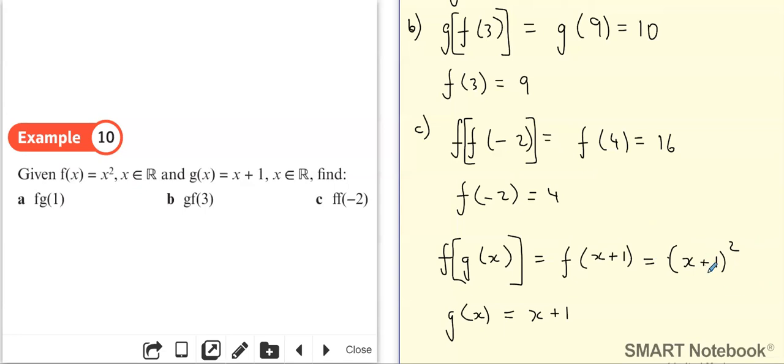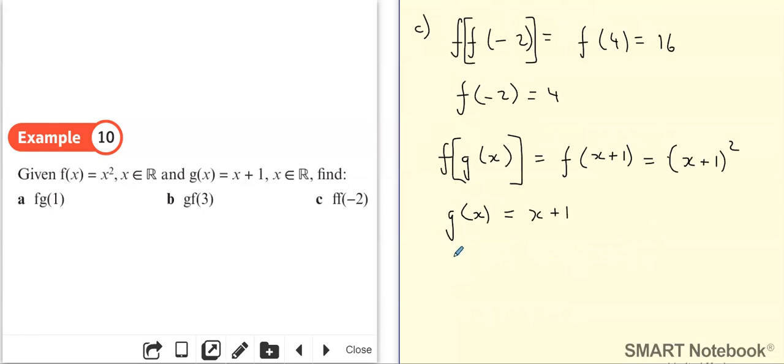And you can expand it and simplify it, or you can leave it like that. So in doing that, what we have worked out is that fg of x equals x plus 1 squared. Does that make sense? Are we happy with that?